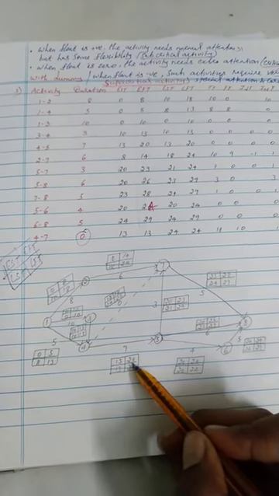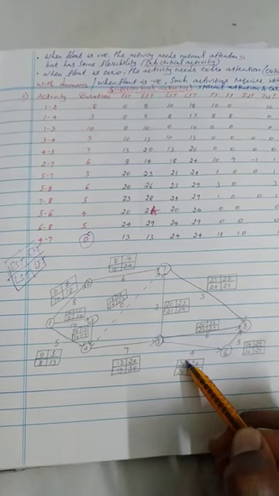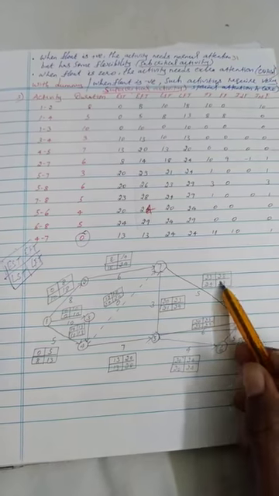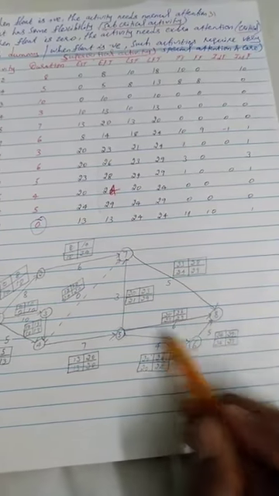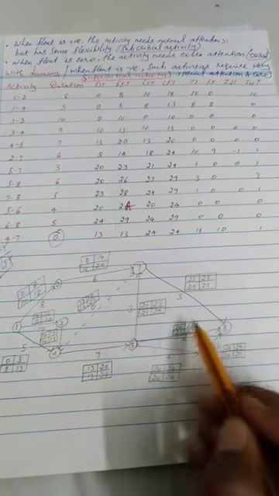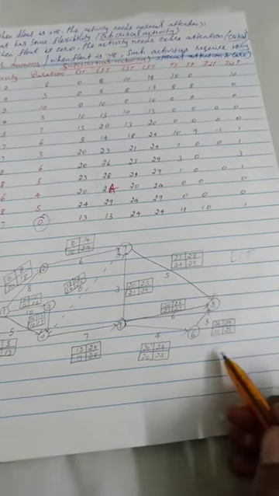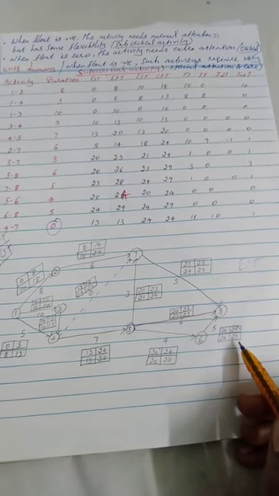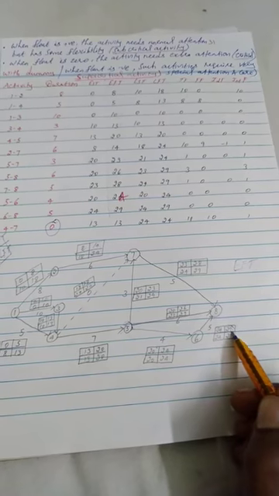You need to mark the earliest finish time in all these activities. Here 6 to 8 is 29, 5 to 8 is 26 and 7 to 8 is 28 for the EFT. You need to take the maximum value. As I already told you, to find the critical path, the maximum duration is normally called the critical duration, so you take that duration.